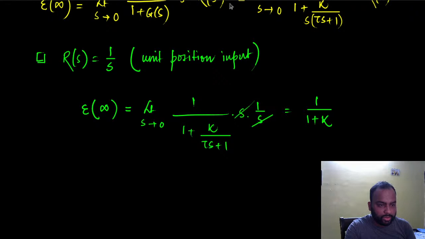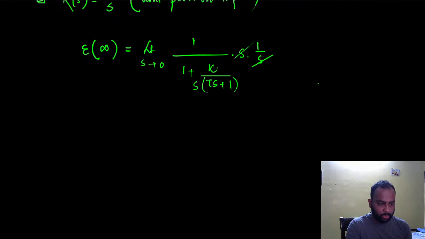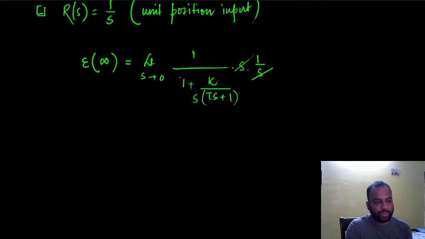Now we have an S here. All right, so that much is fine. Now if I do the calculation here, if I put s tending to 0, what happens to the limit? I am calculating the limit s tends to 0 of 1 by 1 plus.